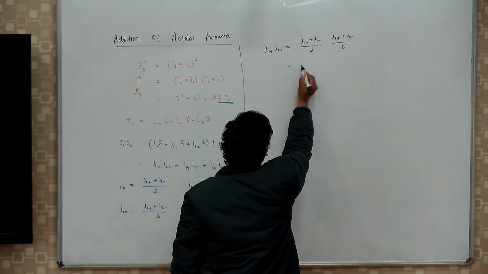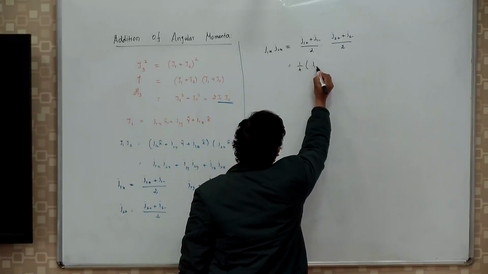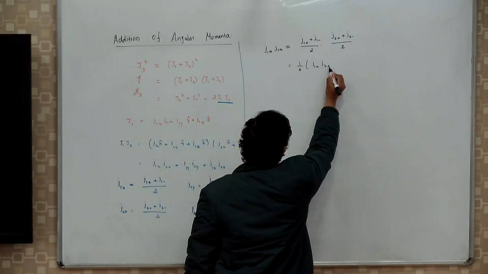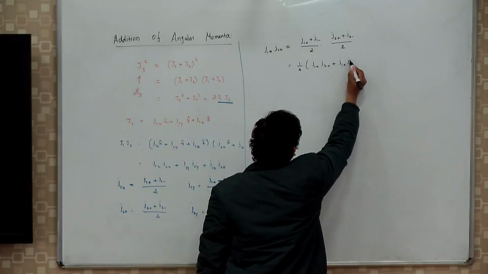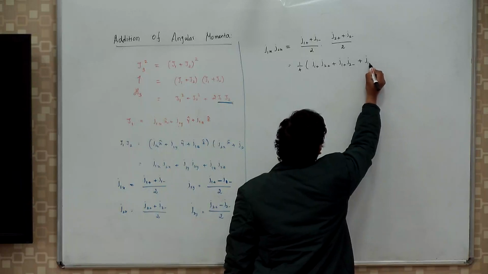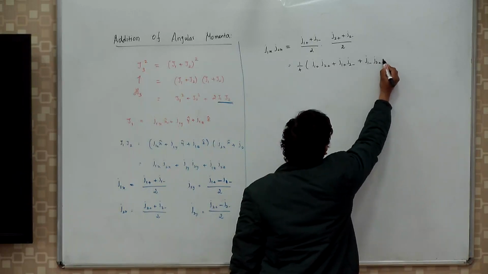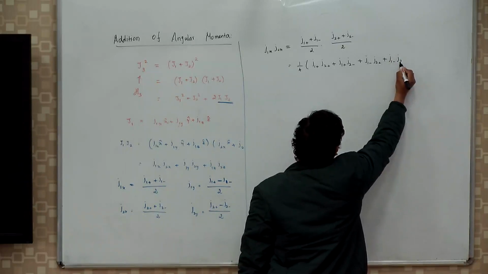Then we can take 1 by 4 outside. So Z1 plus Z2 plus, Z1 plus Z2 minus, Z1 minus Z2 plus, Z1 minus Z2 minus.